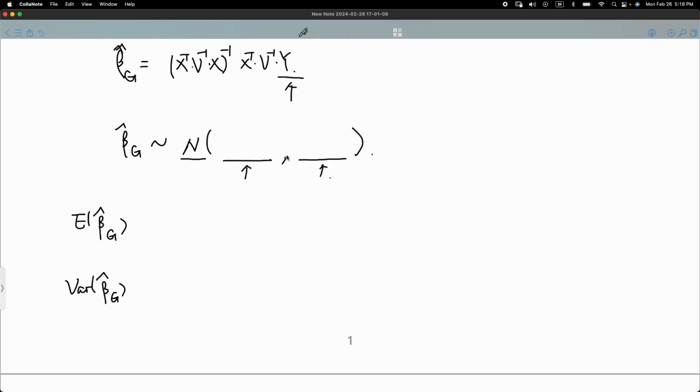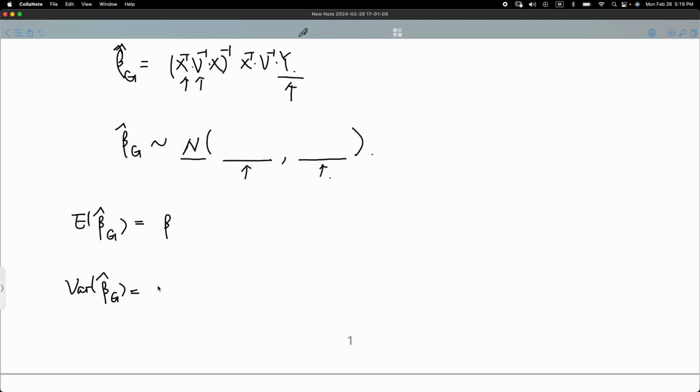Here I'm just going to write down the answer, and if you want, you can try on your own and see if it matches. The expected value for this beta hat g is still going to be the true beta. All you need to do is plug in this form and calculate the expectation. Here, both V and X are considered constants, so you can move them outside the expectation when you work on it on your own.